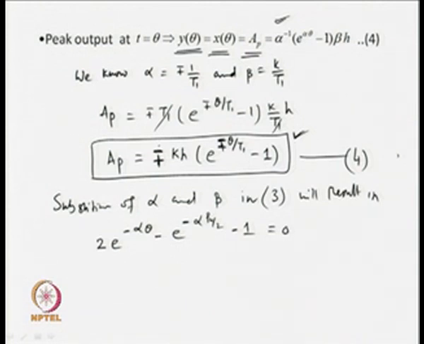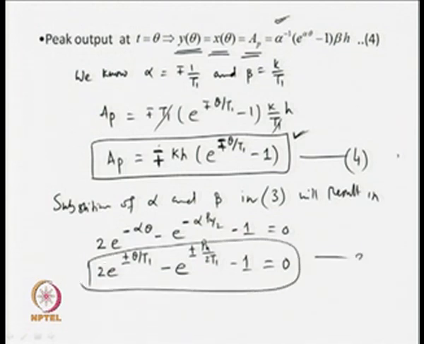So, substitution of alpha here will result in 2 e to the power plus minus theta by T1. Because of this minus sign, the sign will get inverted and then we will get 2 times e to the power plus minus theta upon T1 minus e to the power again plus minus pi by 2 T1 minus 1 is equal to 0. So, this is our equation number 3.